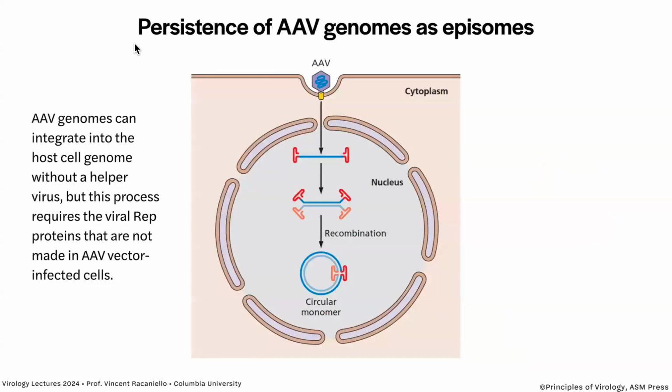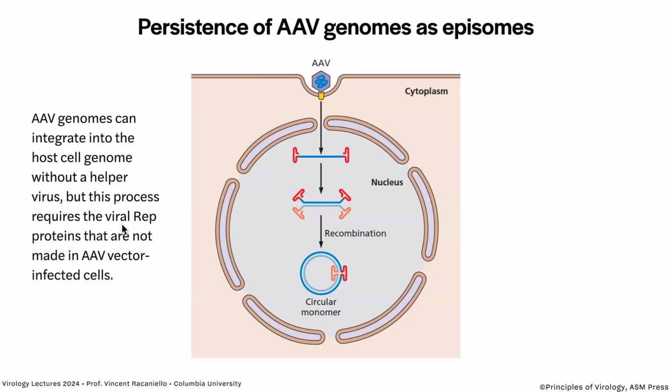It's so cool. Now, these genomes persist in cells as episomes. Now, if you infect cells with AAV without a helper virus, the DNA will integrate. But that requires the rep proteins, and we don't make those in vector-infected cells.